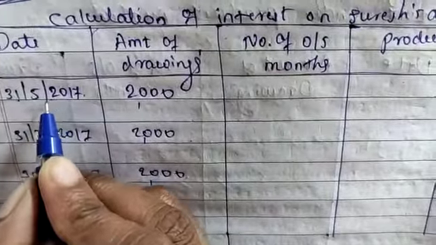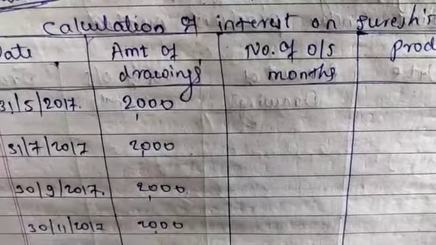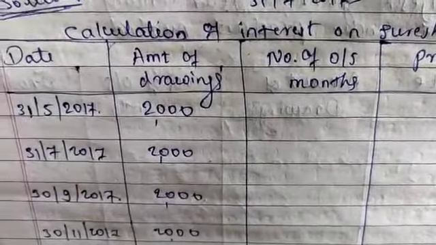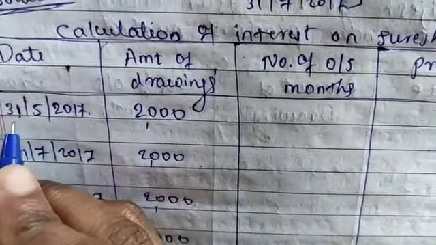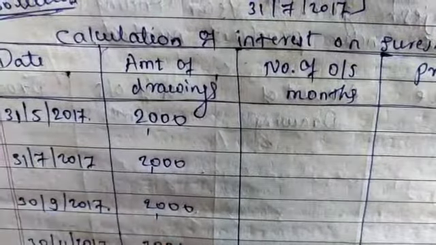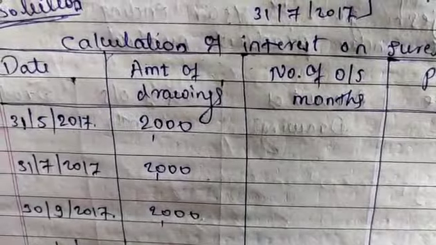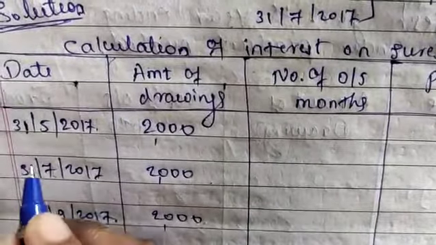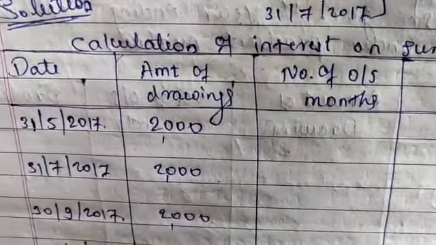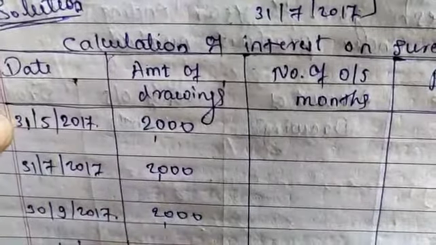Now calculate the number of outstanding months. For 31st May, it is from the date of drawings till the end of the accounting year. The date of drawing is 31st May, which is the last date of May, so you should not consider this month. The next, immediate month should be considered to calculate the outstanding months.